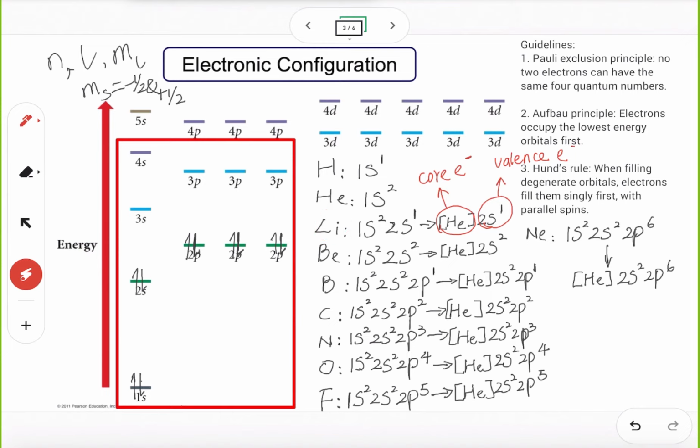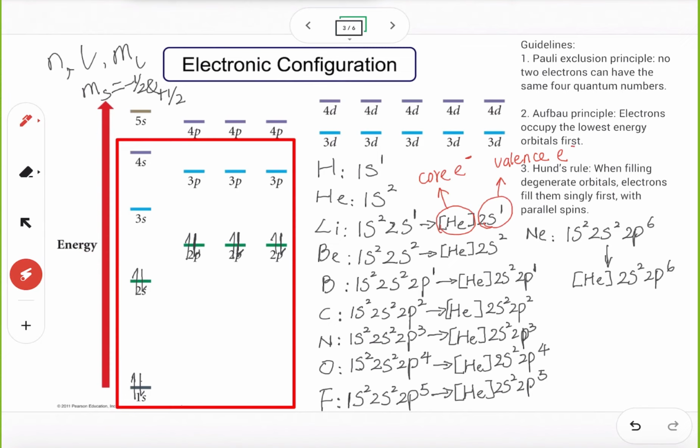Most of the time, you are going to lose this 1 electron to become lithium 1 plus. Do you happen to remember how we get positive ions, cations? You lose the electron and then you become a cation, right? So that's why we call it valence electrons, because it's going to be part of the chemical reactions.